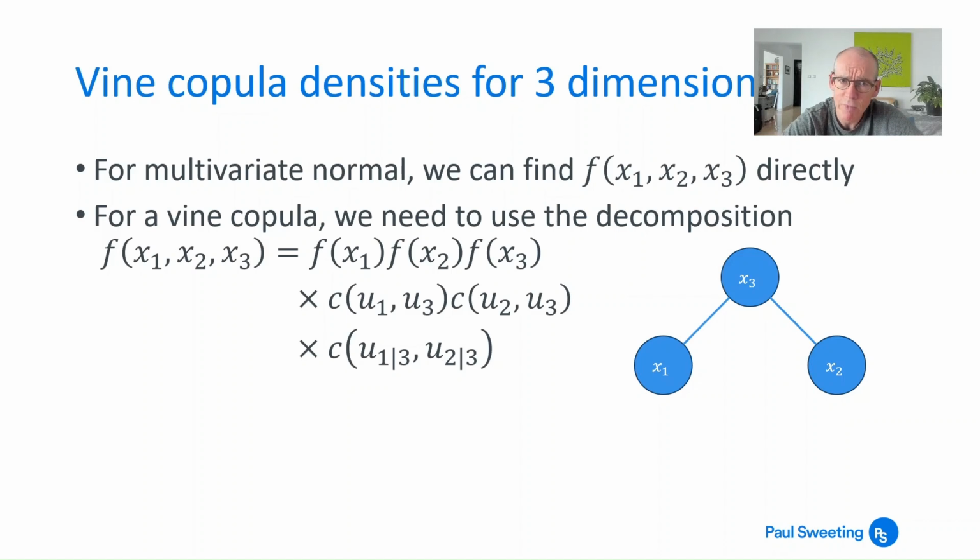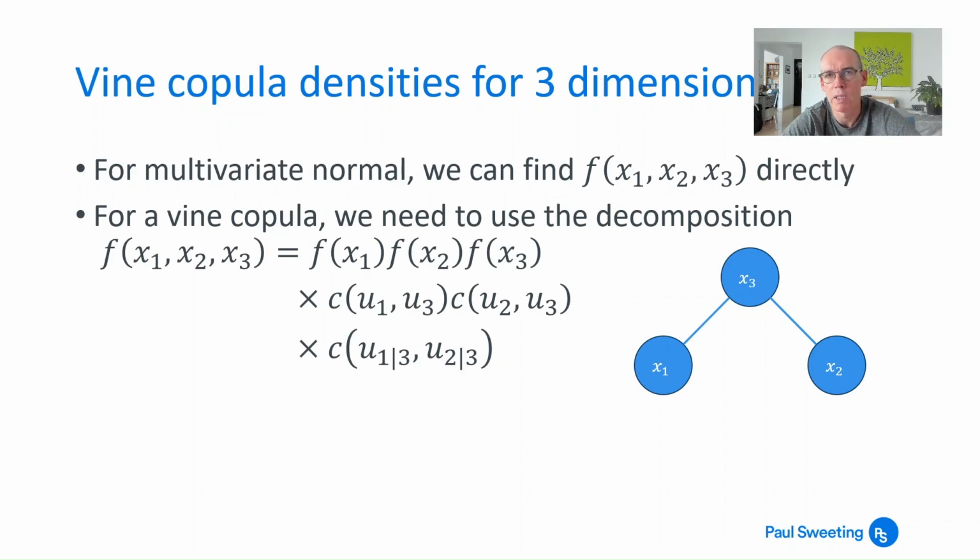So for the multivariate normal distribution, when we're fitting that, we can actually find f(x1, x2, x3), that joint density function, directly, and that's what ends up getting plugged into the formula for the likelihood function.